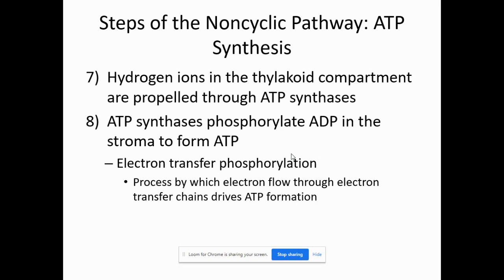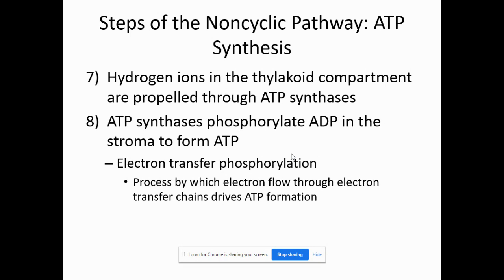Do you remember? It's from the energy from the electrons being released as they go down the transfer chain. All right? And just like in cellular respiration, the only way those hydrogen ions can move down their concentration gradient is through ATP synthase, which uses that energy as hydrogens move down their concentration gradient to form ATP.